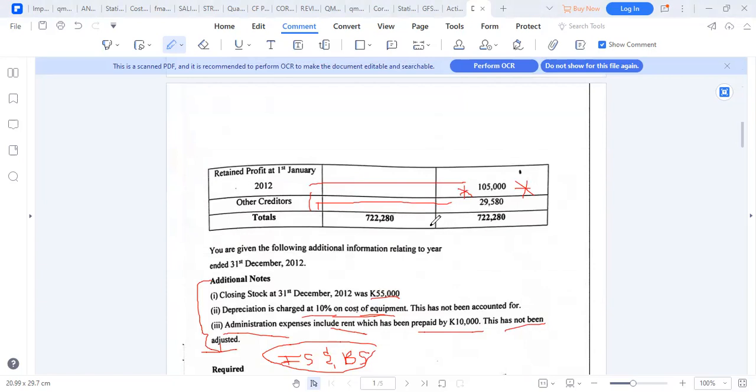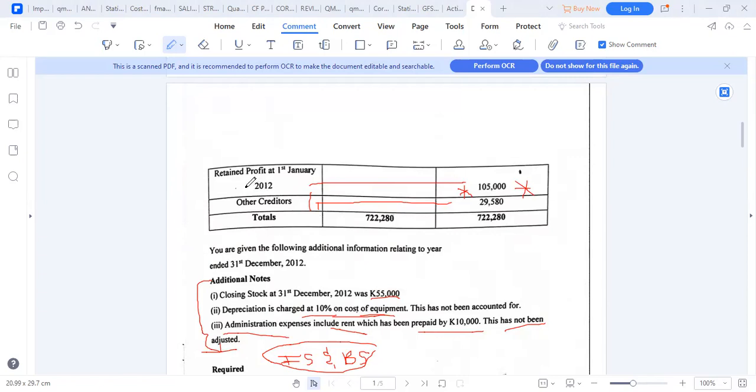So you add the retained earnings, the retained profit. You cannot throw away the profit that you made last year. This profit is retained on 1st January, meaning it was the closing balance for the year 2011. What we closed with in 2011, we brought down, so that it was the opening balance for 2012.